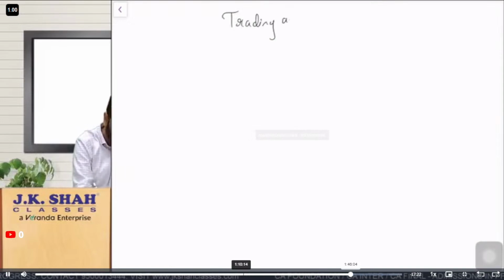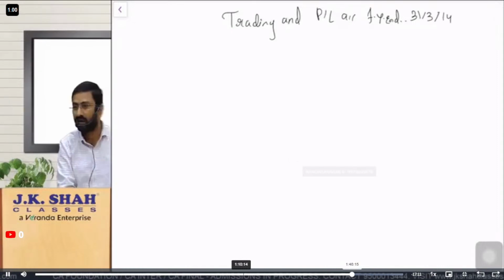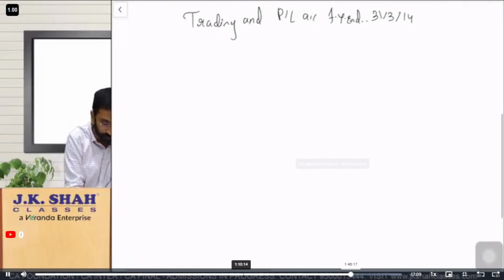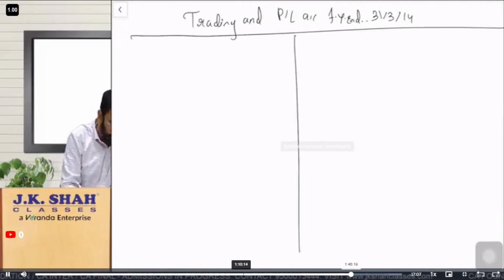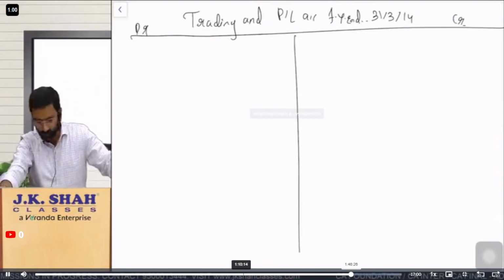So, trading and profit and loss account for the year ending 31st March 14. Slowly. First item, opening stock.